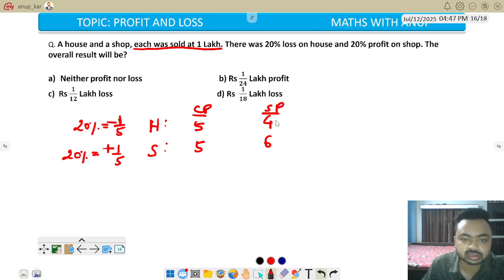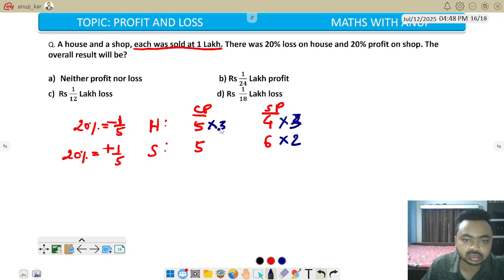So my selling price has to be the same. So it will be 4 into 6. Okay, we can do one thing. 4 and 6 LCM is how much? 12, right? 4 into 3 is 12, 6 into 2 is 12.